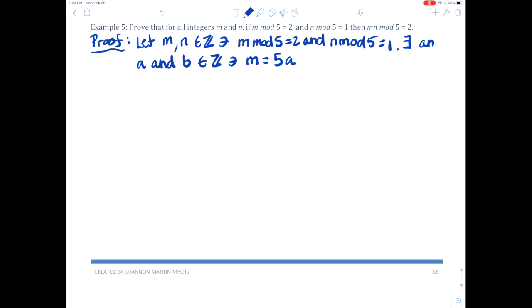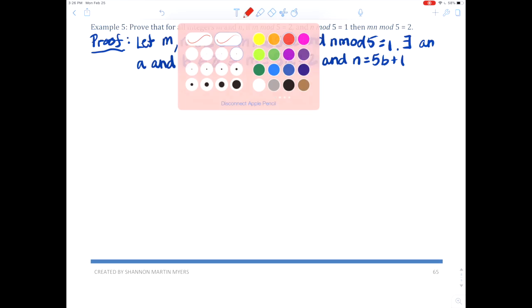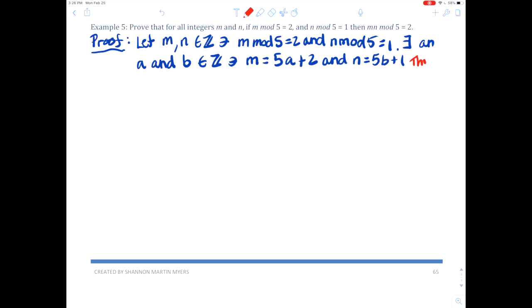So it'd be 5a and the remainder's 2, so plus 2. And n, therefore, would be equal to 5b plus 1. That, my friends, is again utilizing theorem 4.4.1.